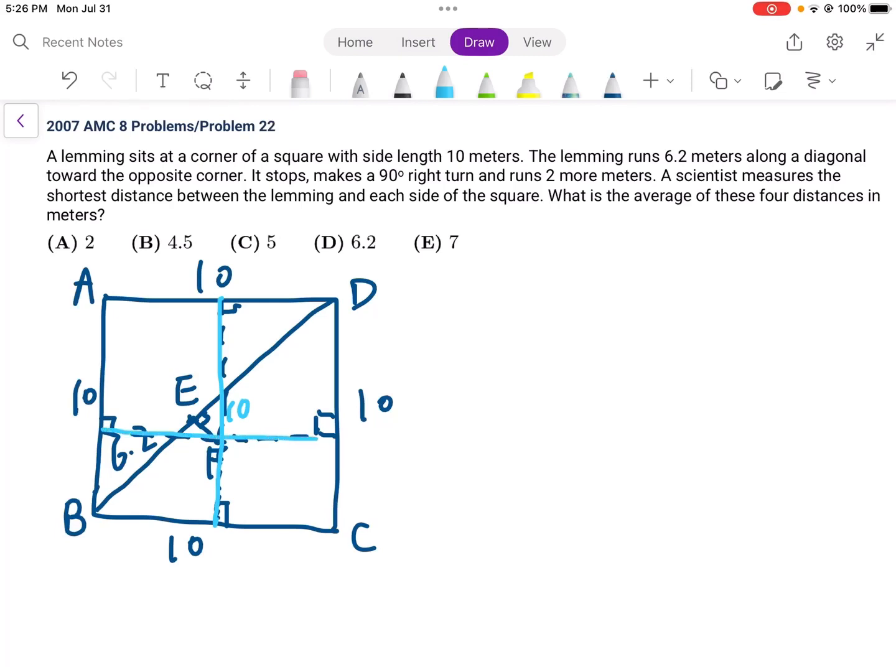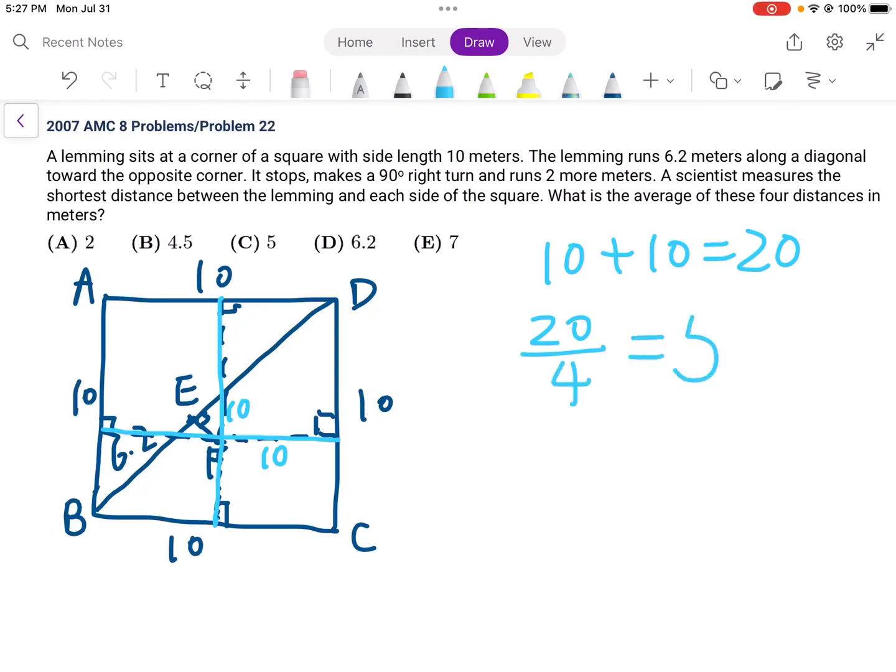And this distance, the sum, also adds up to 10 meters. Therefore, the total distance to the 4 sides will be 10 plus 10 equals 20. And the average will be 20 divided by 4, and that's 5 meters. So the answer is C.